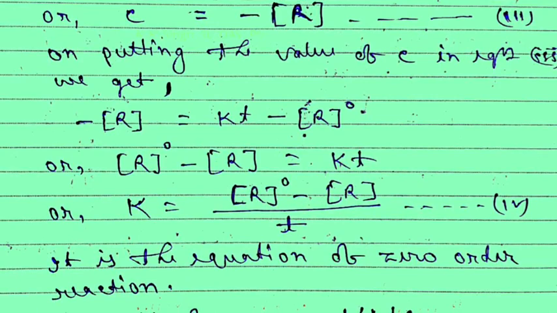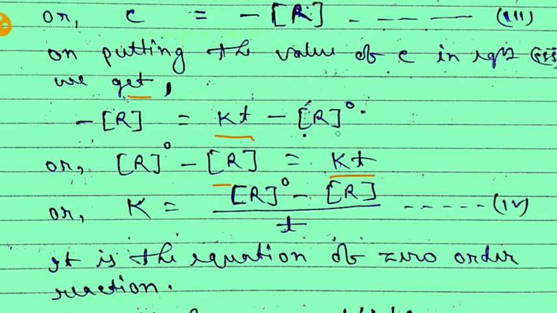Now on putting the value of C in equation 3rd, what will we get? Minus [R] is equal to Kt minus [R]0, or [R]0 minus [R] is equal to Kt.